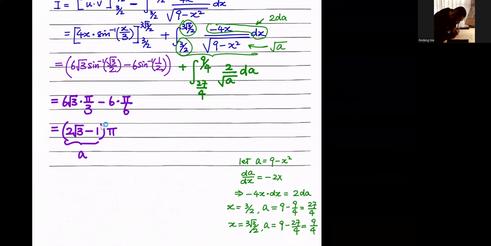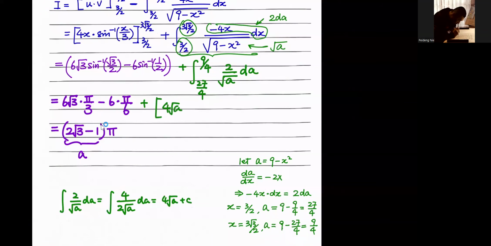And then let's just do another evaluation for the green part. If you integrate 2 over root a dA, this is some sort of evaluation like 4 divided by 2 root a dA. And that gives me 4 root a plus C, but this is a definite integral. So I'm just writing 4 root a from 27 over 4 to 9 over 4, something along this line.